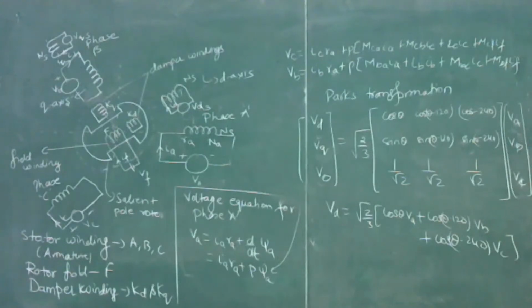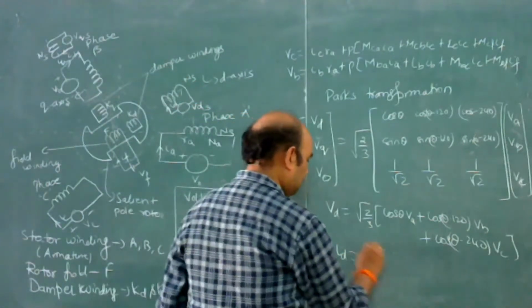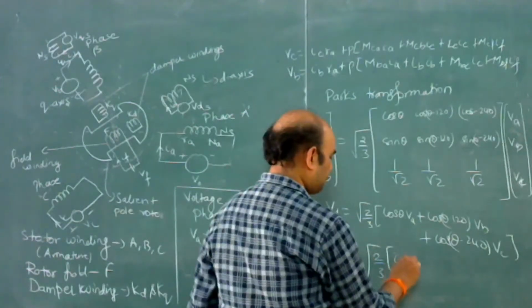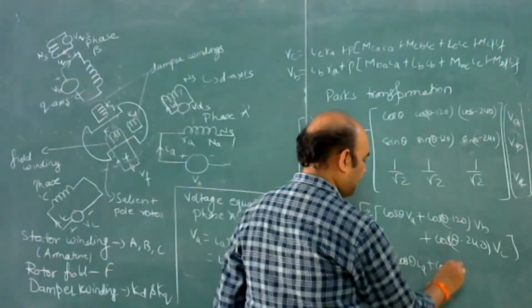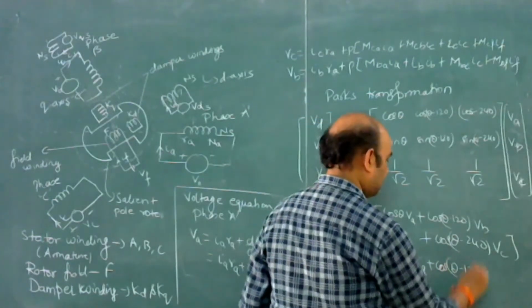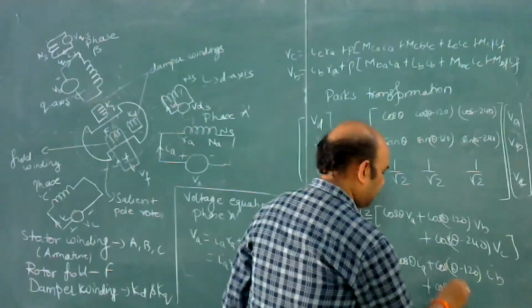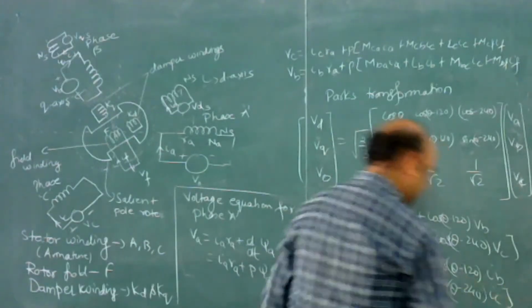We can write this for current also similarly. So ID will be equal to root 3 by 2 into cos theta IA plus cos(theta - 120 degrees) IB plus cos(theta - 240 degrees) IC.